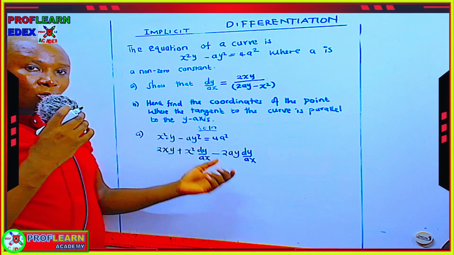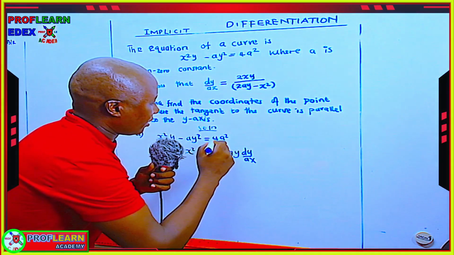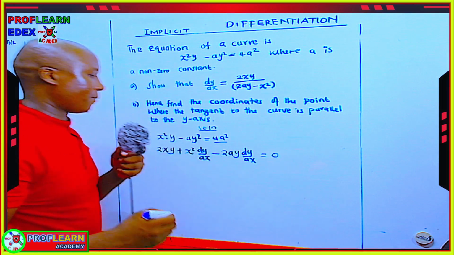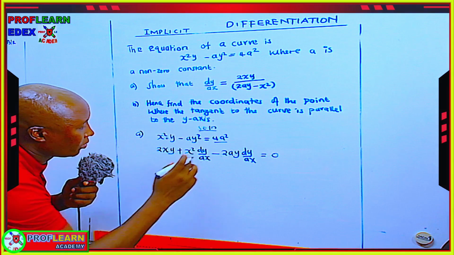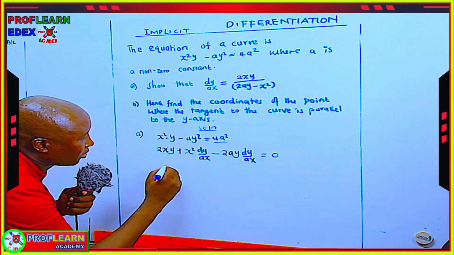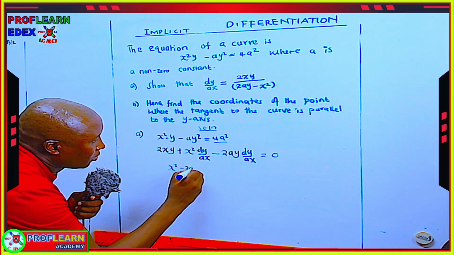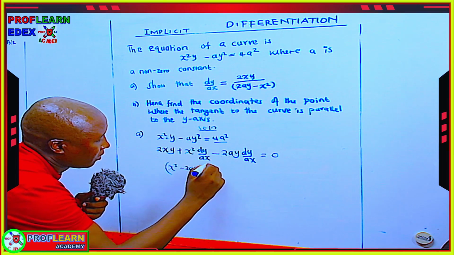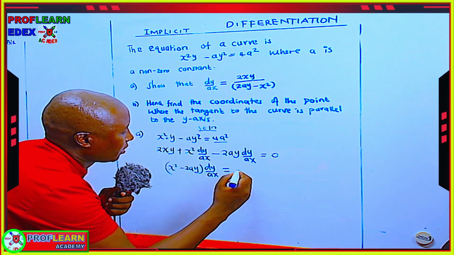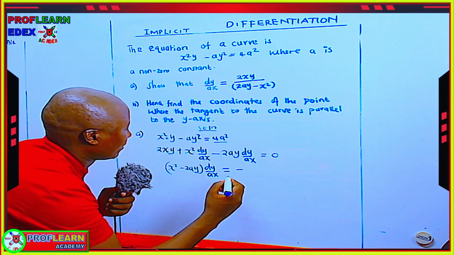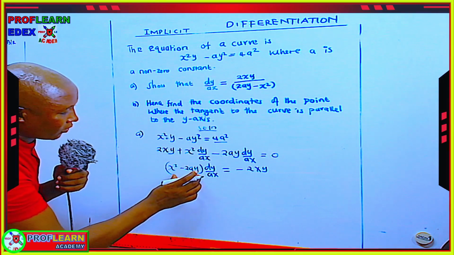Anytime you are differentiating y, you must include the dy/dx, and 4a squared is a constant, so it becomes 0. So we put the like terms together with dy/dx, and this reduces to x squared minus 2ay, then dy/dx, equals minus 2xy.